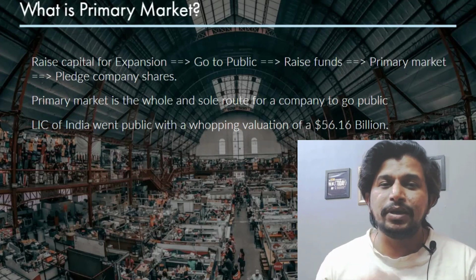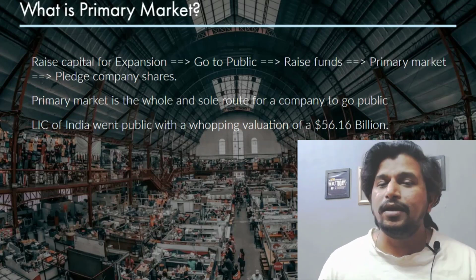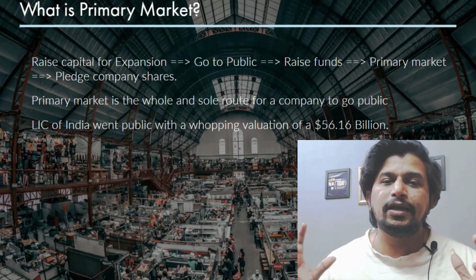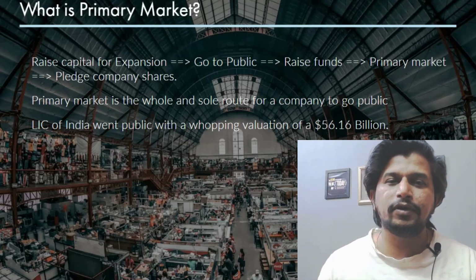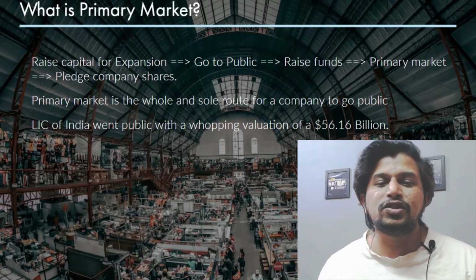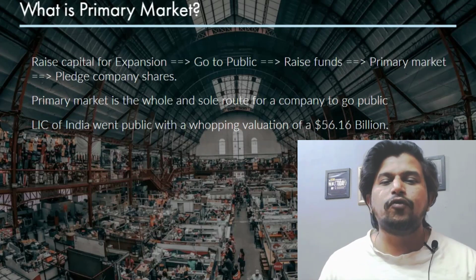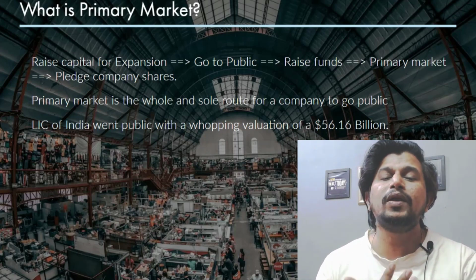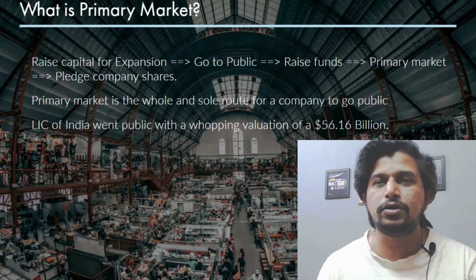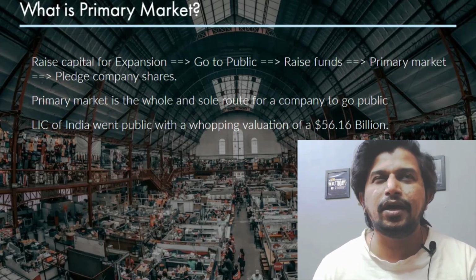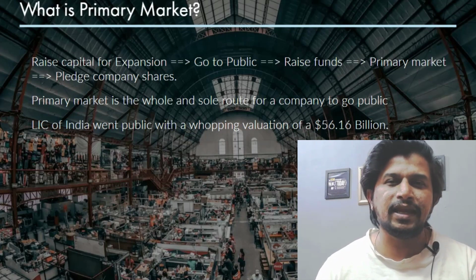So the companies can raise funds and go to the primary market and pledge the company shares and raise capital for their further expansion. So primary market is the whole and sole route for the company to go public. As I already mentioned, LIC of India went public with a whopping valuation of $56 billion. Yeah, of course. So the greatest company which India has probably ever seen is LIC.